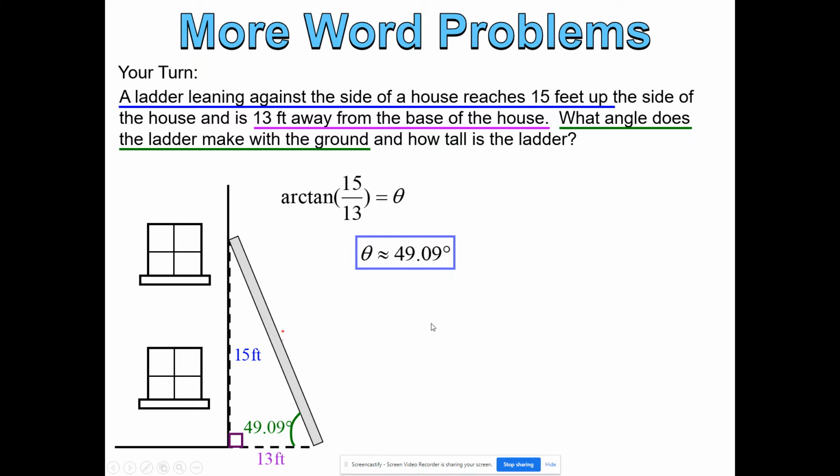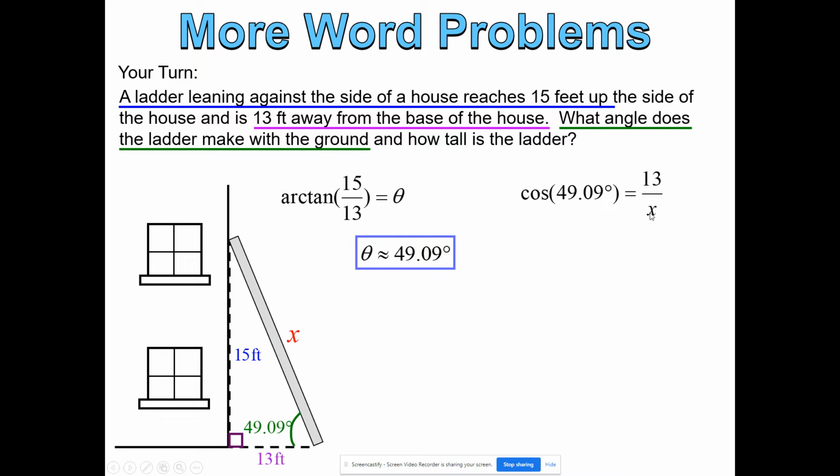Now we want to find how tall the ladder is. We should use Pythagorean theorem, but I think I'm going to end up using either cosine or sine because I want to find the hypotenuse, and both of those trig functions include the hypotenuse. So I'm going to use cosine. Cosine of 49.09 degrees equals adjacent over hypotenuse.